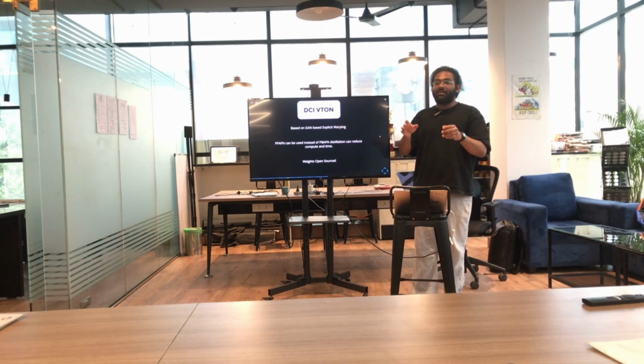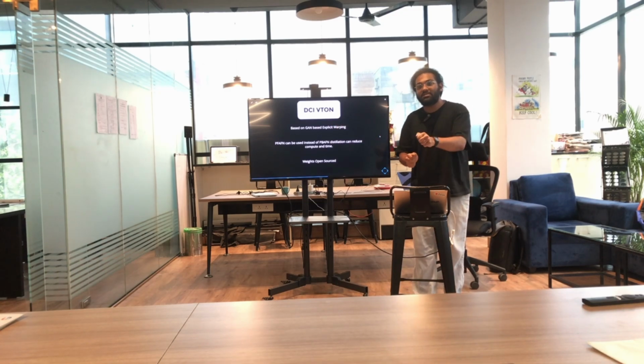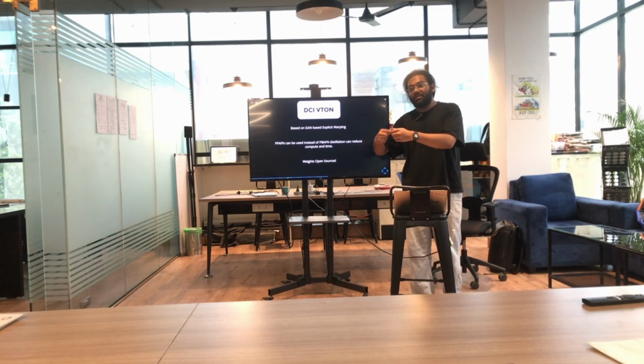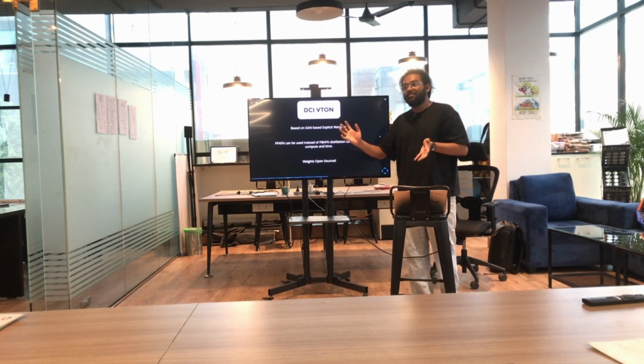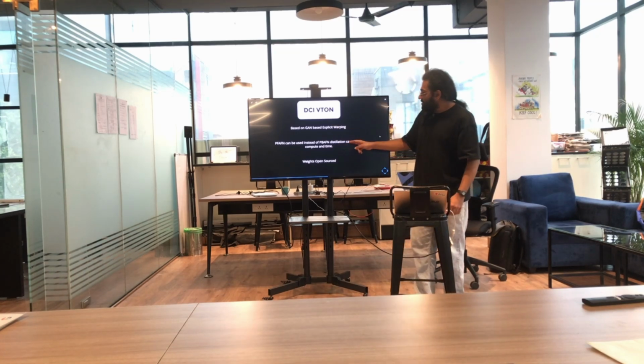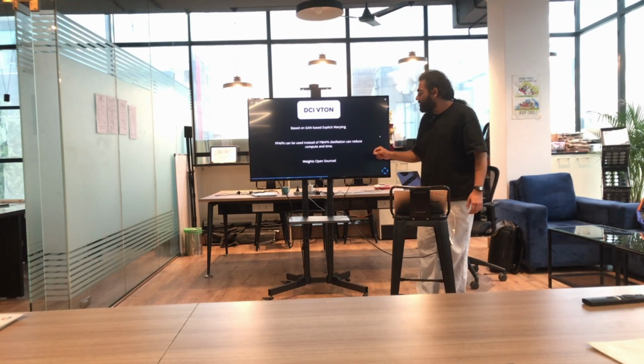Parser free AFN is where you don't need dense pose, you don't need open pose, you just need to give the image. There will be knowledge sharing between two networks. You'll train another network called PFAFN, and you'll use that network for finally generating your images. And then you can give it to diffusion. So that's one of the benefits of using DCI Vuitton.